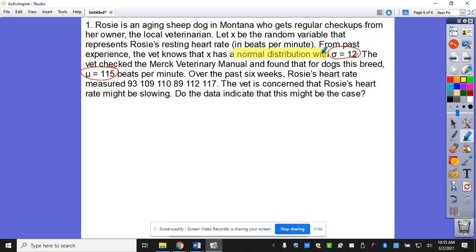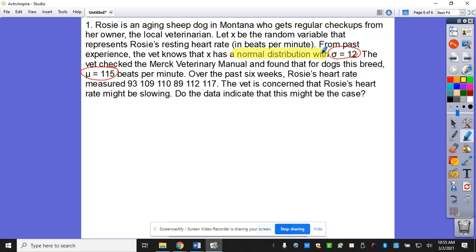This is kind of a picky one, but I like starting with it because we can have the conversation at the beginning. If it were all sheepdog, would that be a good random sample? No. Does it say that this is a random sample? No, which means we cannot do what?